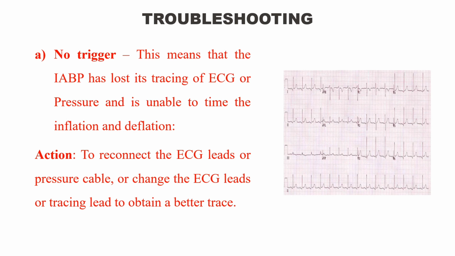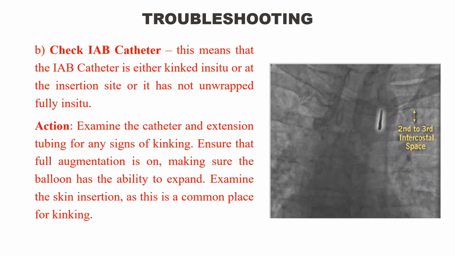First, reconnect the ECG leads or pressure cable, or change the ECG leads or tracing leads to obtain a better trace. Next, check the IABP catheter. This means that the IABP catheter is either kinked in situ or at the insertion site, or it has not unwrapped fully in situ. What action do we have to take?